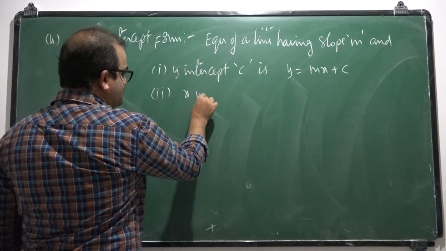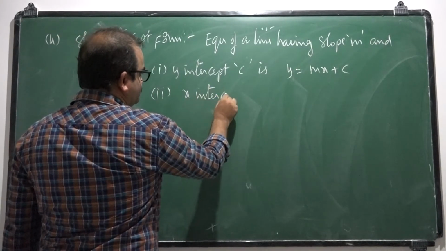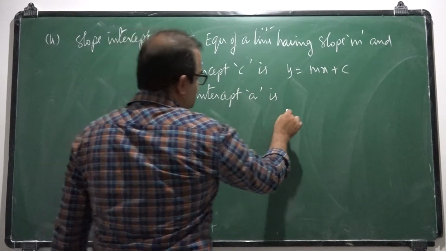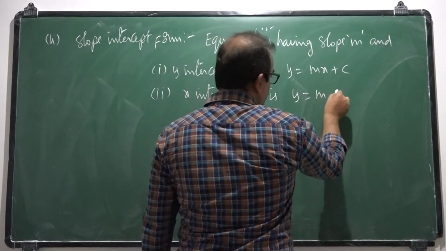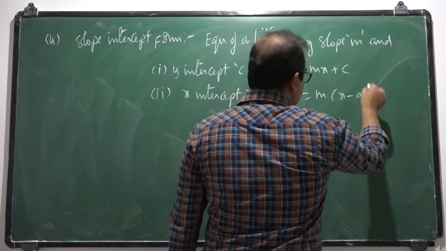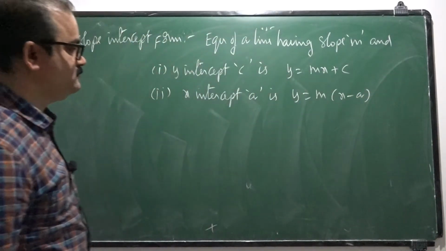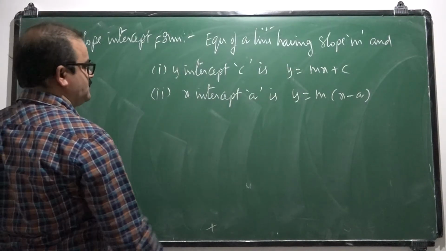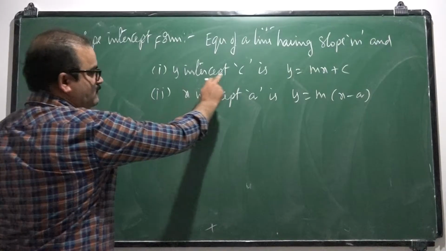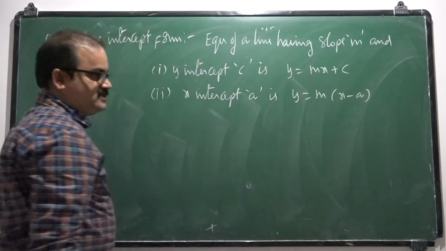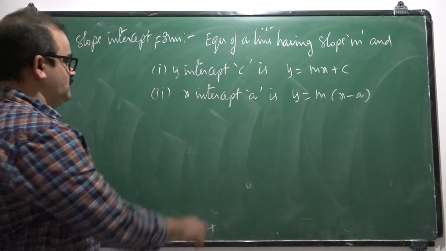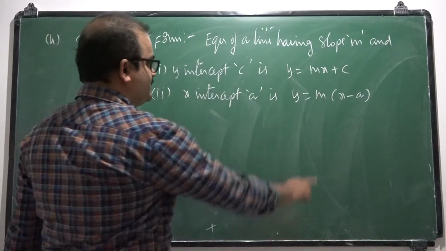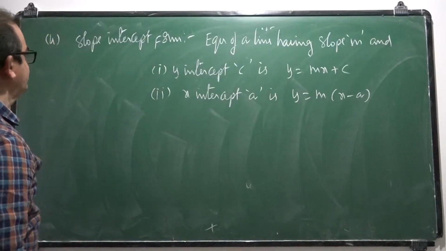If x-intercept is given, y is equal to m into x minus c. When y-intercept is given, we apply this formula y is equal to mx plus c. When x-intercept is given, we apply this formula y is equal to m into x minus c.